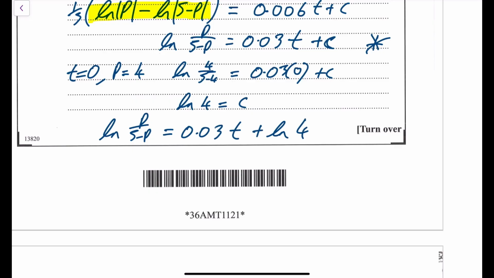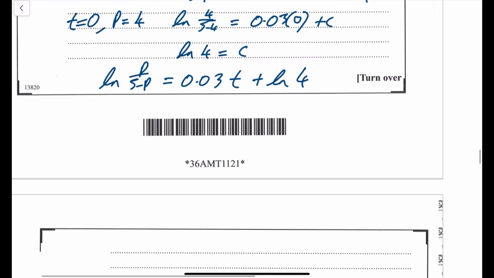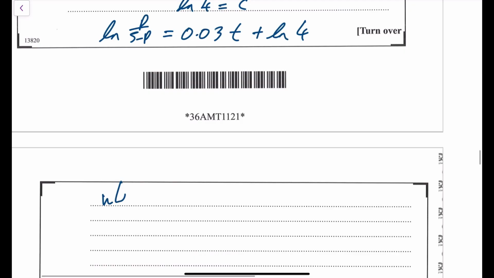Now what you could do, it asks you to find the value of t, or find the time when the population is 450,000. So I would say when the population is 450,000, P is equal to 4.5.